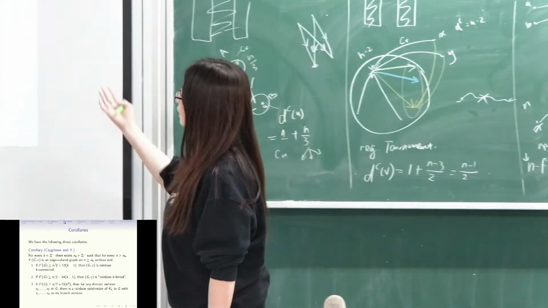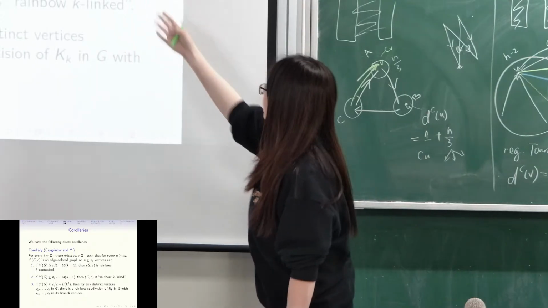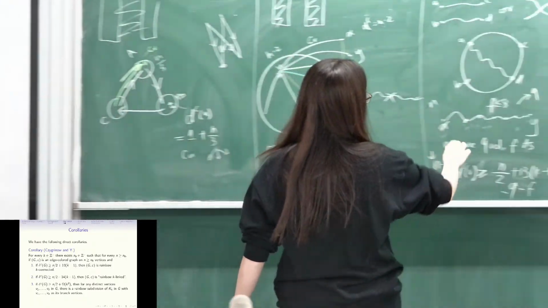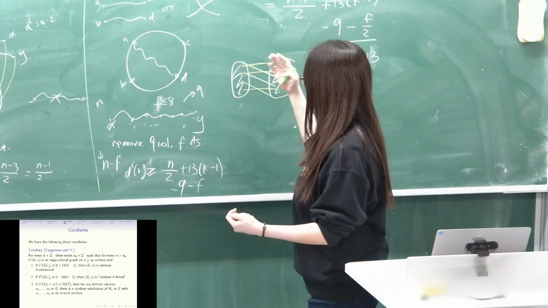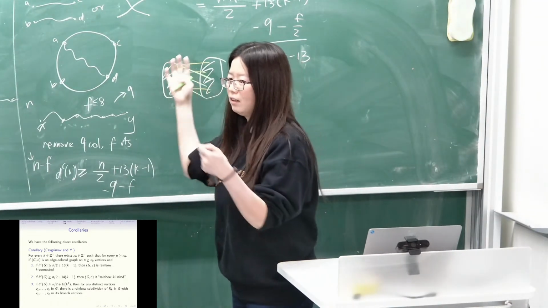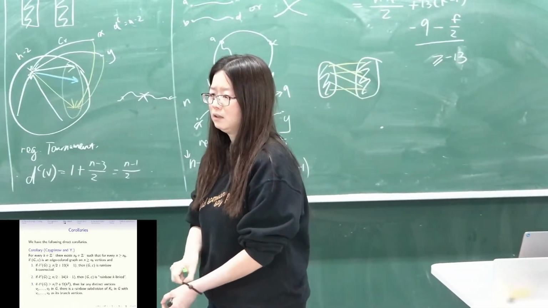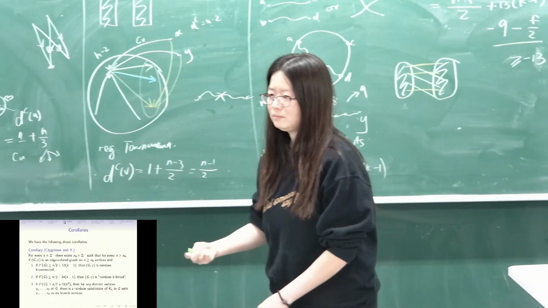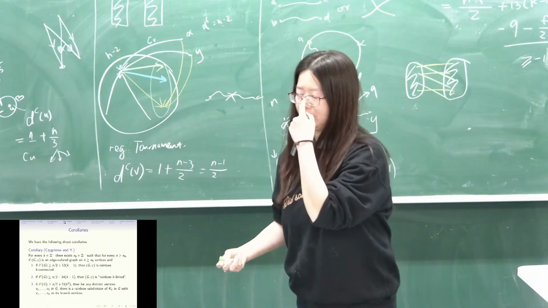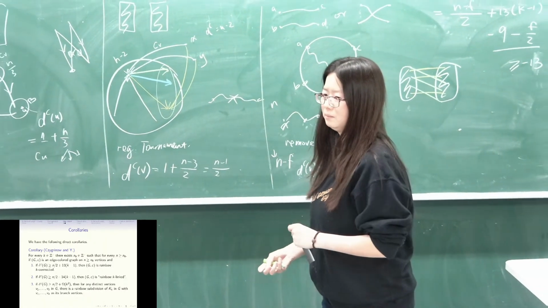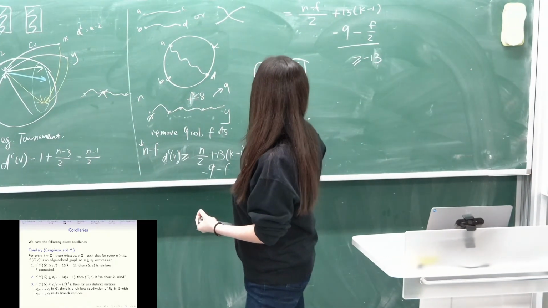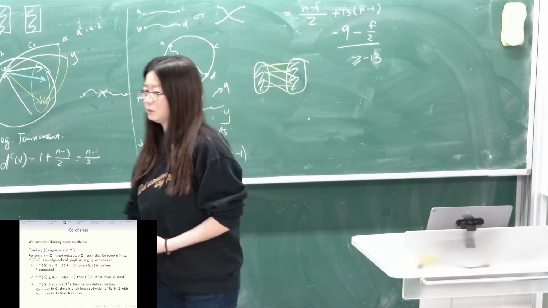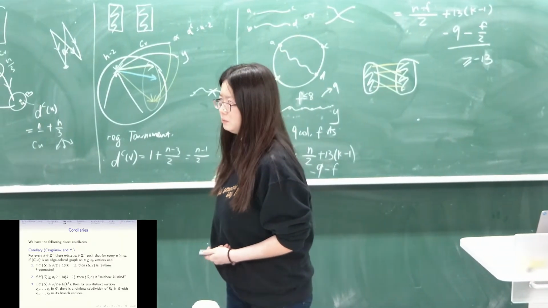But we cannot find k paths such that all of them are in different colors, because each of the paths has to use one color in the middle, and there are at most k minus 1 of them, k minus 2.